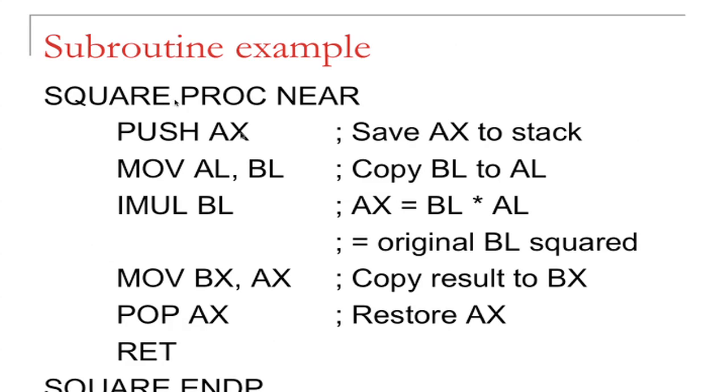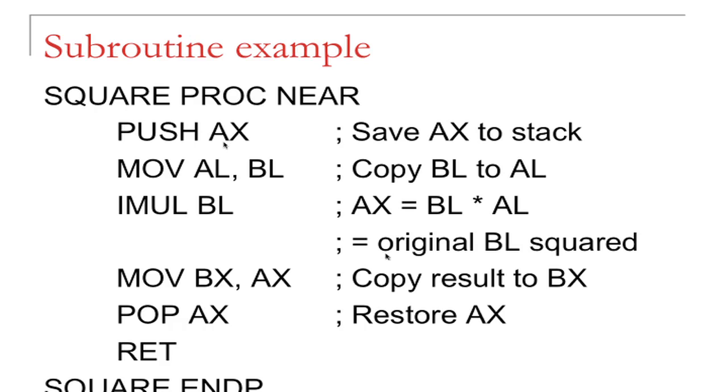After the push instruction, we have move AL, BL. This is to copy the value from BL to AL. And then we do multiply. When we do multiply, we actually multiply the value of BL and AL, which has the same value, that is the value in the original BL.